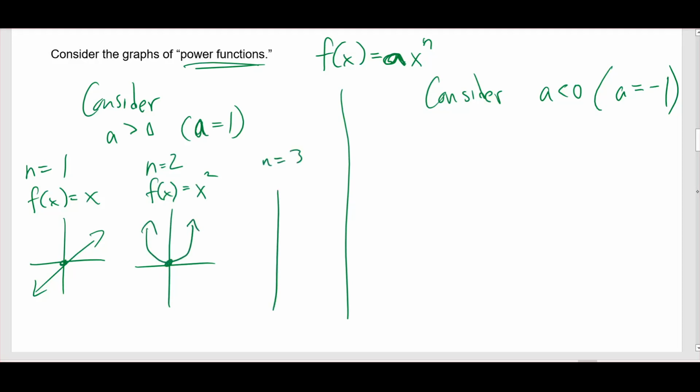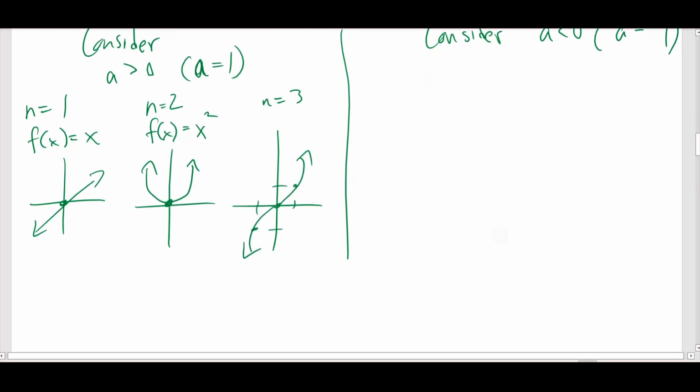Okay, n equals 3. We can do the same thing. So we know 1, 1, 0, 0, -1, -1 are on there. We know that the pattern looks like this from our previous work. And we can keep going, right? So f of x equal x to the third, f of x equal x to the 4th. And we can kind of guess in our heads what we think this is going to look like.